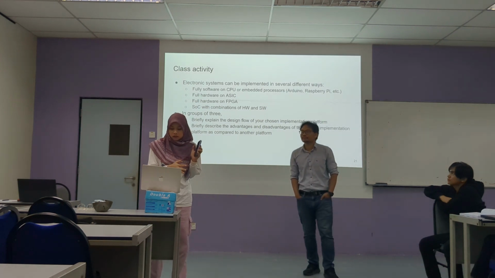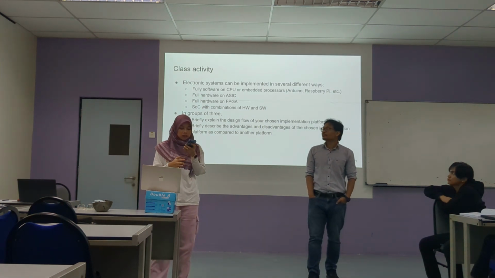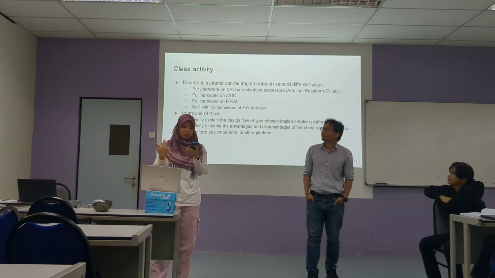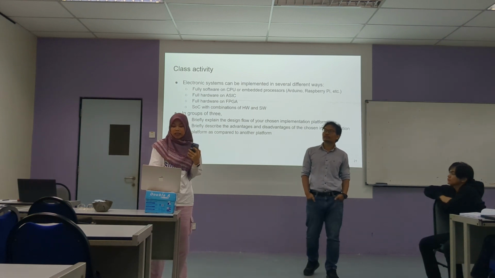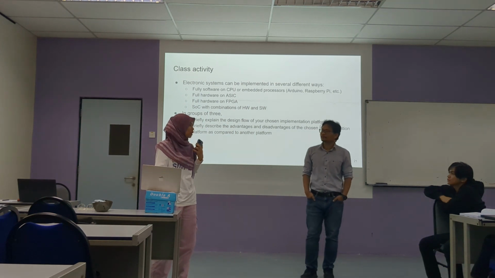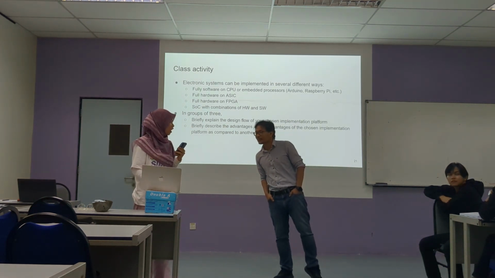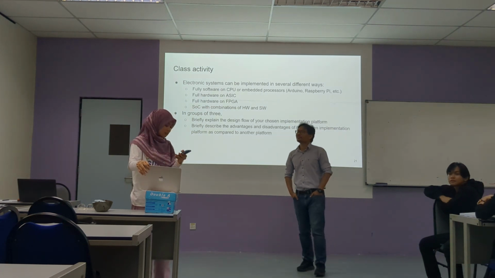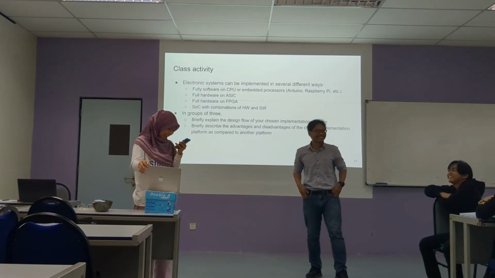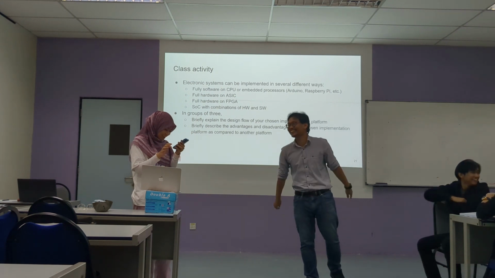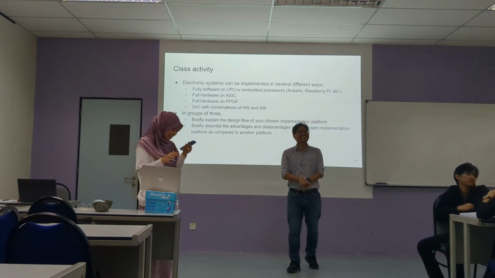The next one is resource utilization. FPGA designs may require more logic cells and memory blocks compared to ASIC. And the last one is limited stability. Yeah, for FPGA. Okay, what do you mean by limited stability? I just got it from ChatGPT.